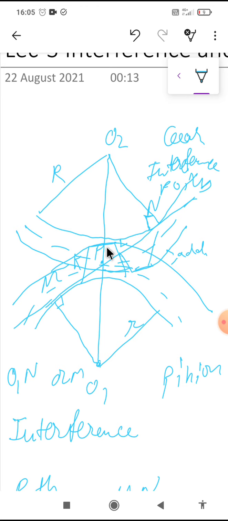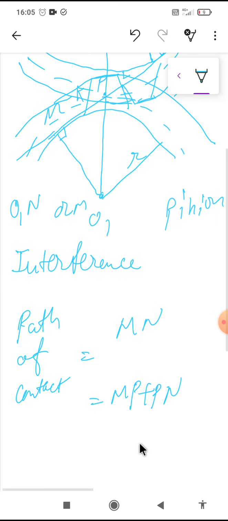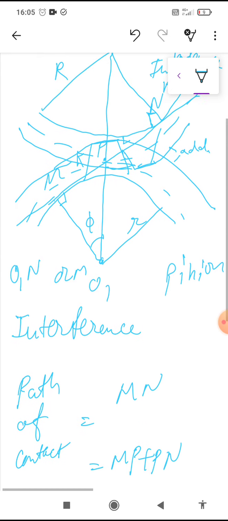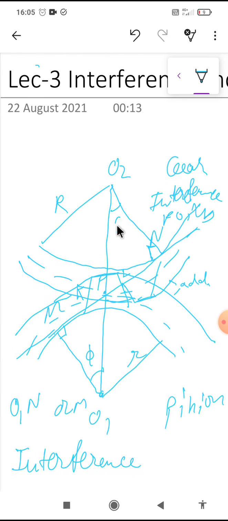So MN is equal to MP plus PN. Now what is MP and what is PN? If you see this triangle here, this is O1MP, and this angle I am calling phi, and this angle will also be phi.